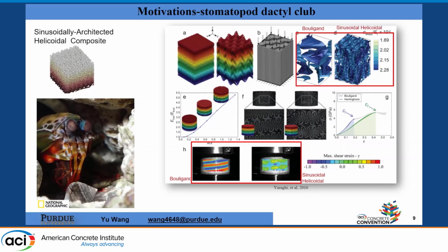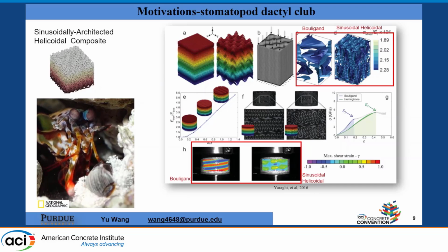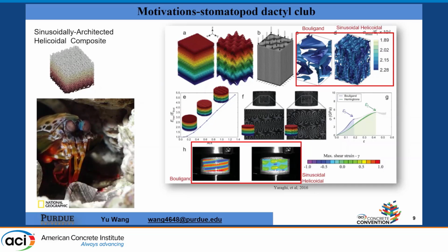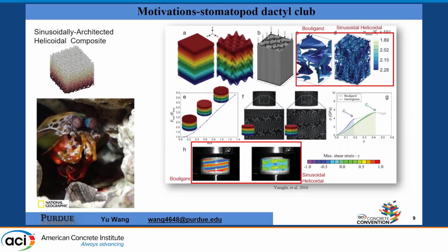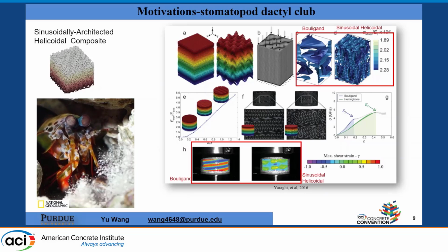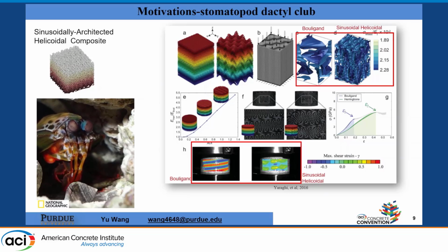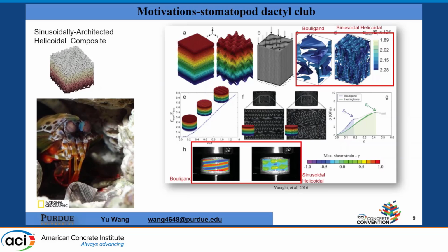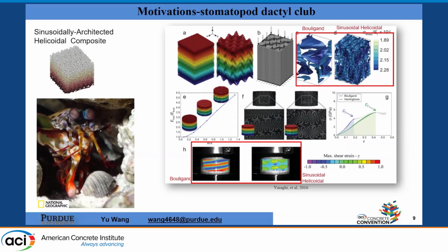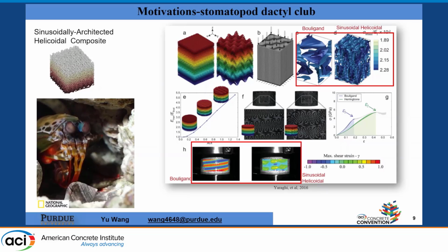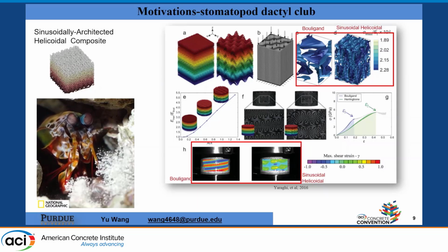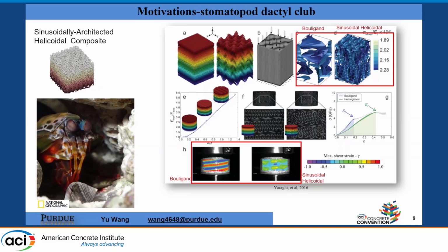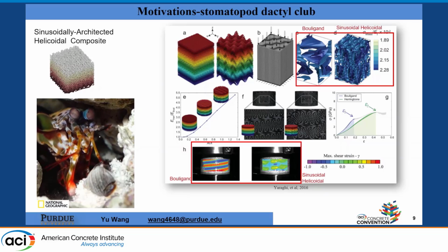If we compare the stress concentration, the sinusoidal helicoidal architecture has a more uniform stress distribution. We assume this could directly translate to the spread of damage, which improves the energy absorption capacity. Also, in DIC, we see less stress concentration, or more uniform stress distribution, in the sinusoidal helicoidal architecture.